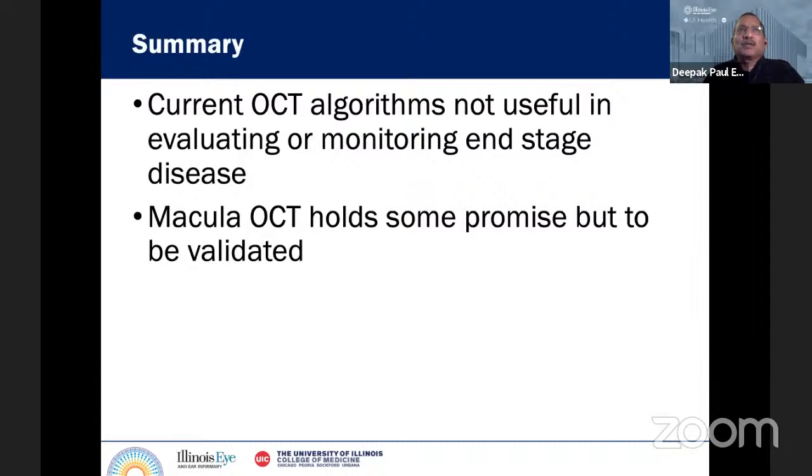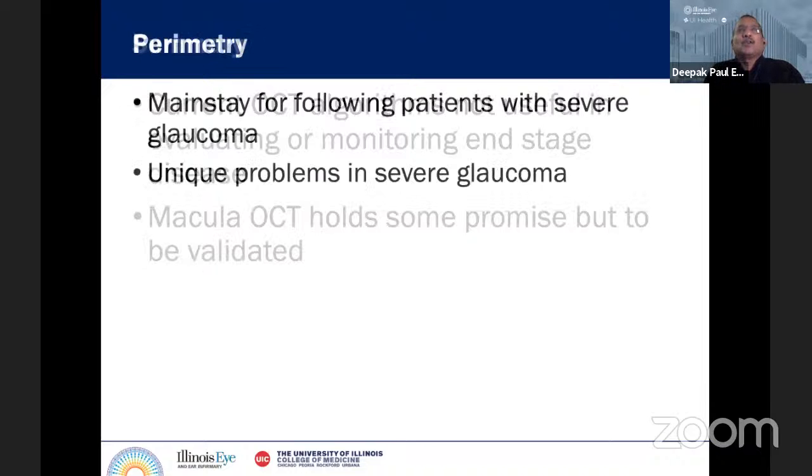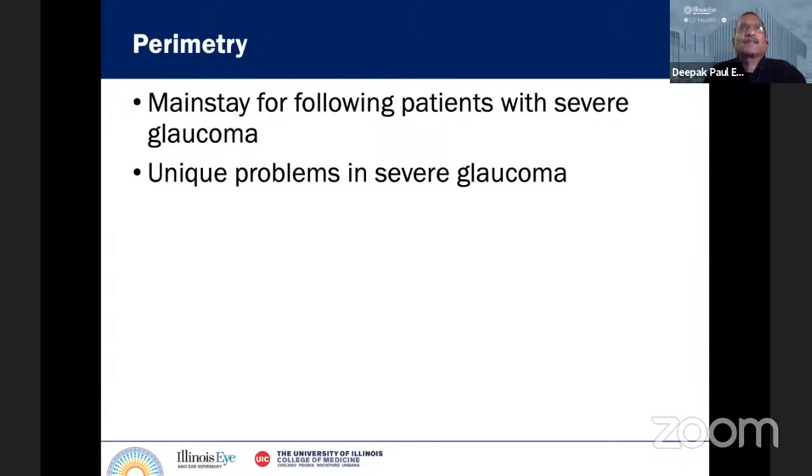The macula OCT, the RGC layer scans, hold some promise, still need to be validated, but you can use them to complement your visual field testing. So perimetry, again, to emphasize, is really the mainstay for following patients with severe glaucoma.